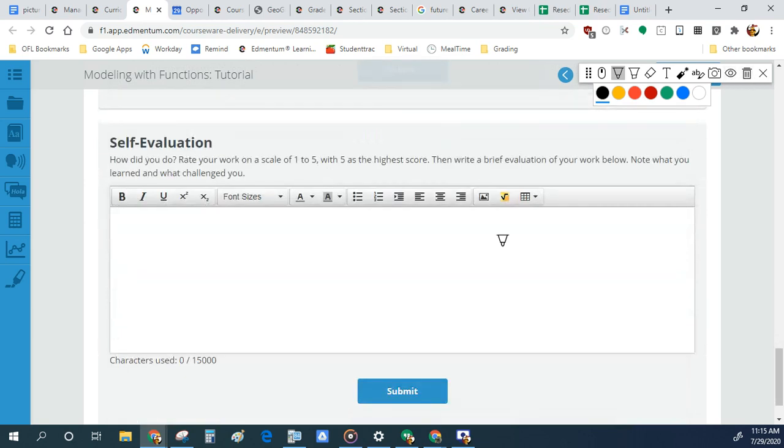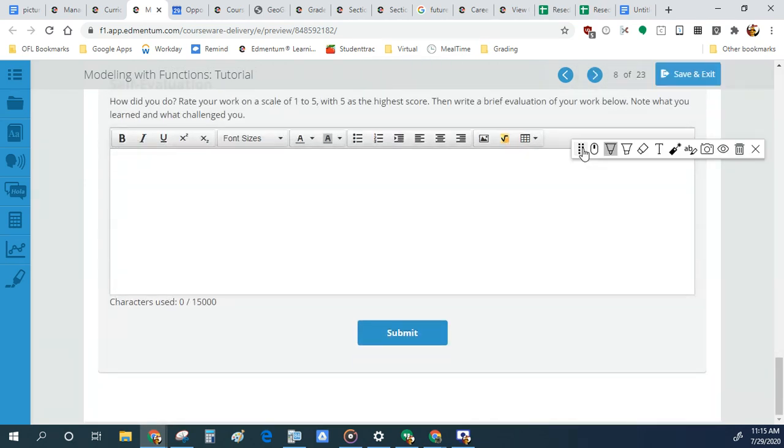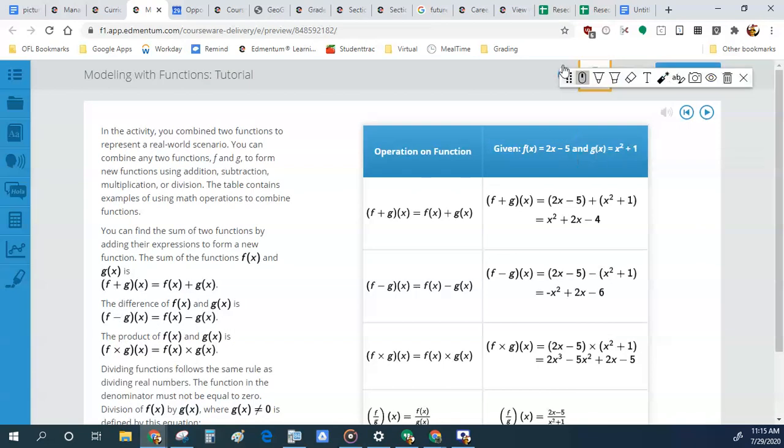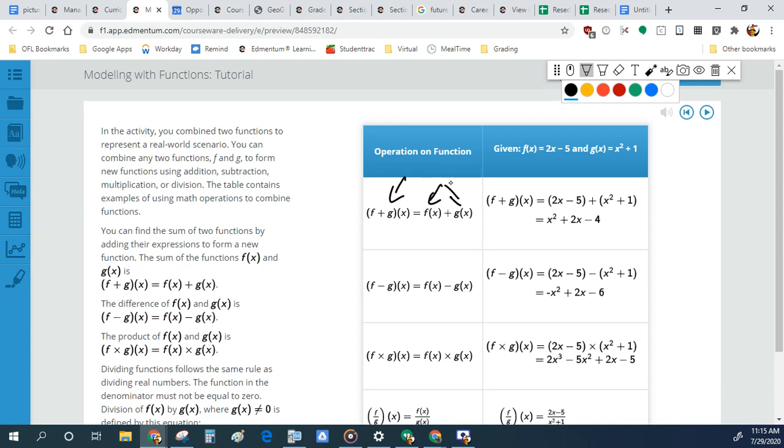Cool. So let's go to the next slide. All right. So in here, they're just describing how to do composition of functions. So when you're doing composition of functions, this is usually how mathematicians see it. But an easier way to think about it is like you're adding the two functions together.